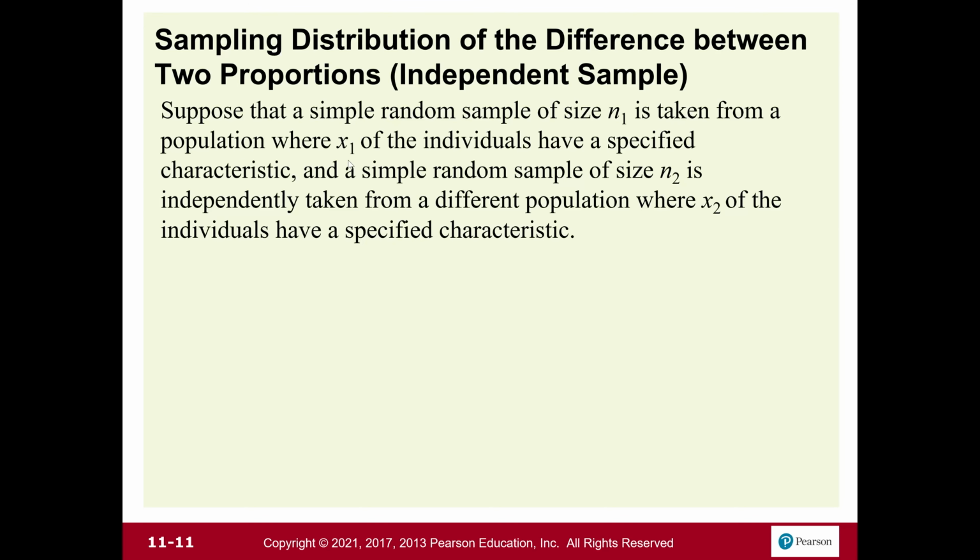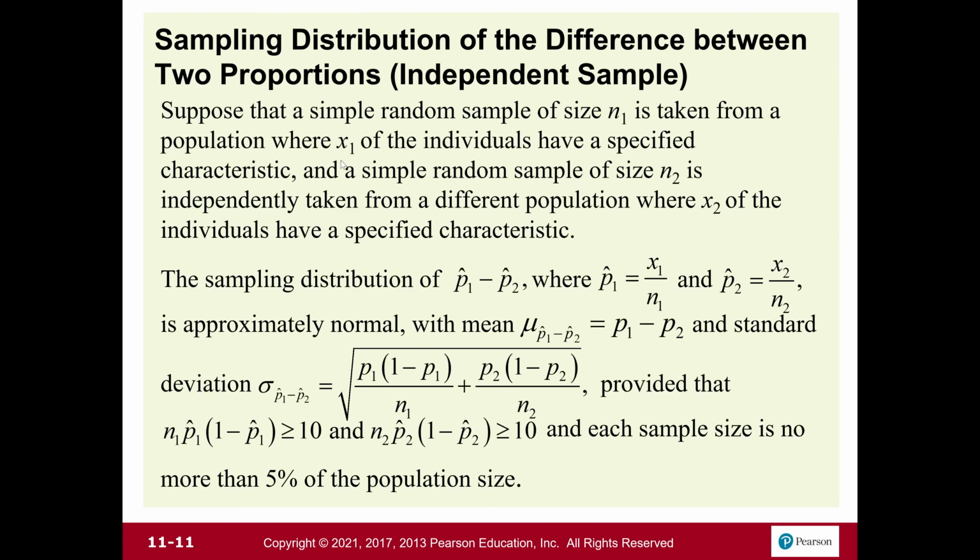If this is the case, we would then get the sampling distribution of p hat 1 minus p hat 2, where p hat 1 is x1 over n1 and p hat 2 is x2 over n2. That distribution will be approximately normal.